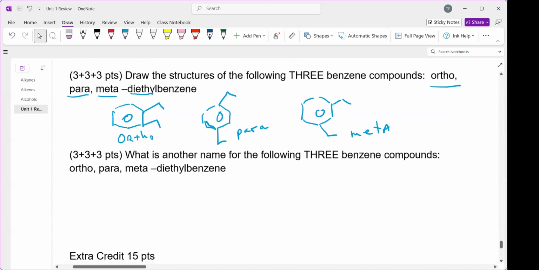Now, what is another name for the same structures? So this way we're going to number them instead of saying ortho, para, meta.